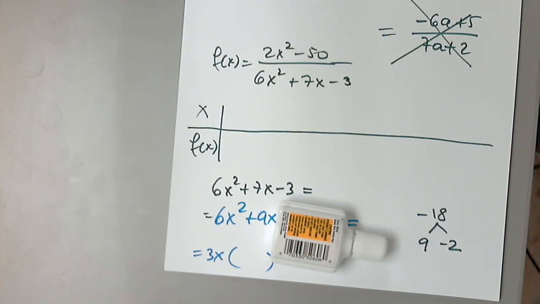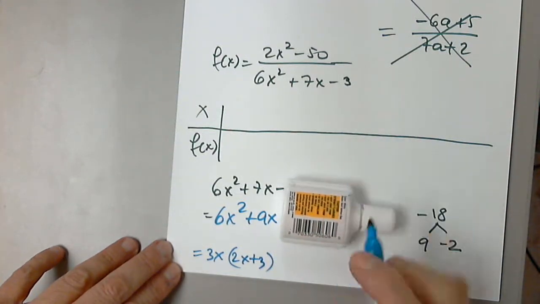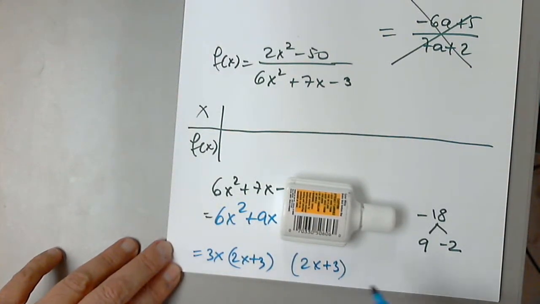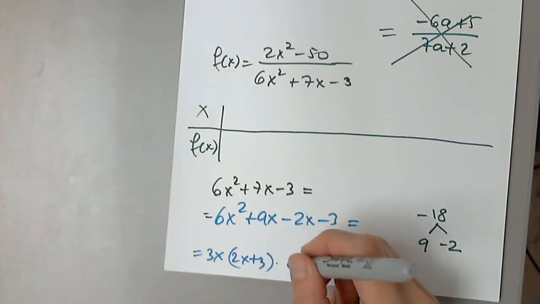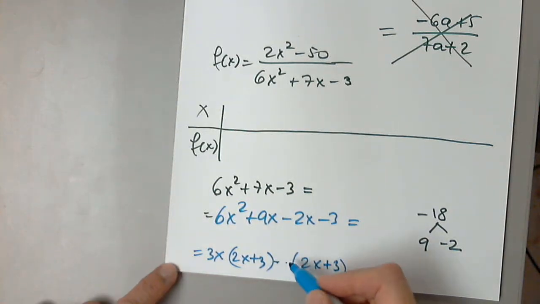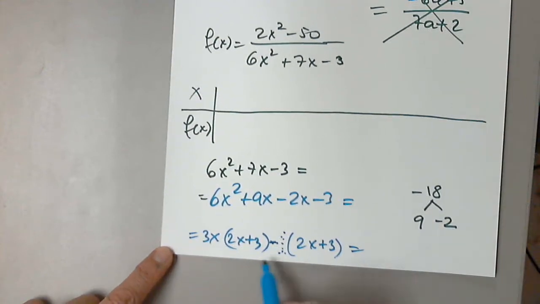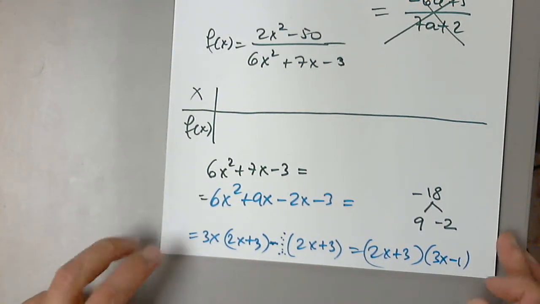Otherwise, I can't continue. Mandatory. I don't even look. It has to be a 2x + 3. Now I look. I need a sign and a factor. Perfect. Negative 1. So then the factored form will be (2x + 3)(3x - 1).